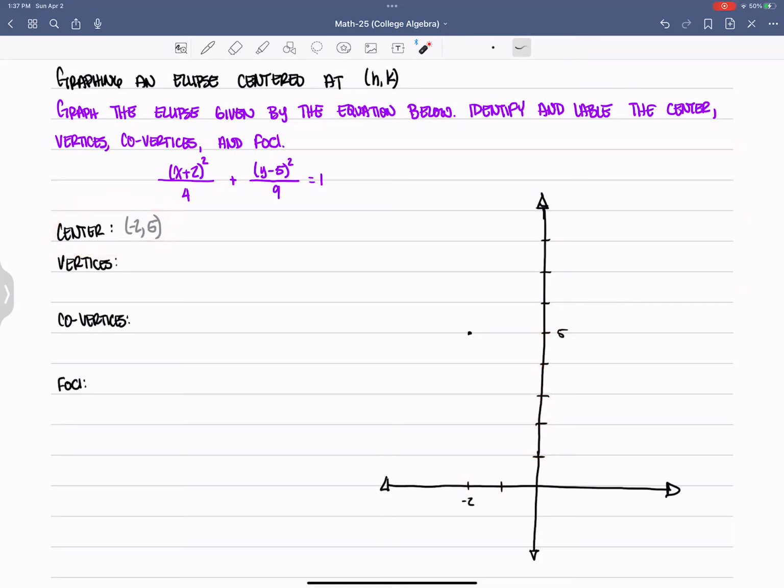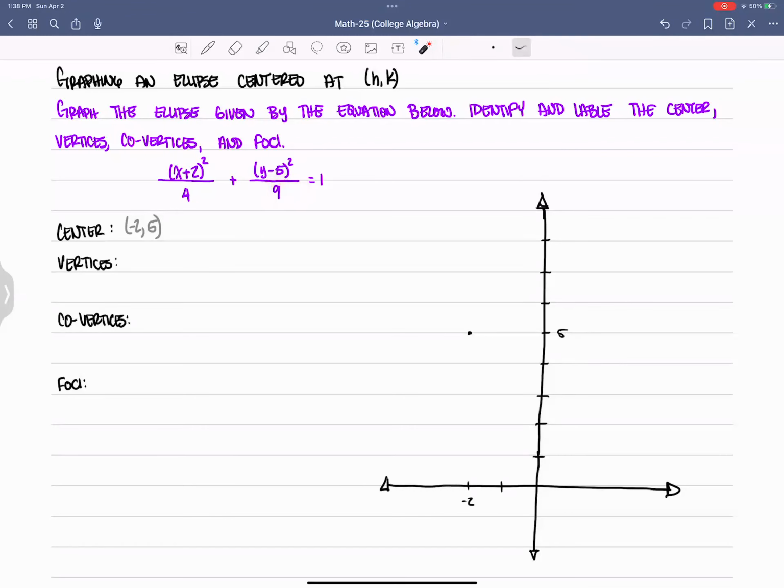Now from here, we have to identify the major axis versus a minor axis. Major axis just has a larger number versus minor axis has a smaller number. So it looks like y is going to be our major axis right now. And off of our major axis, we go square root of 9, which is 3.